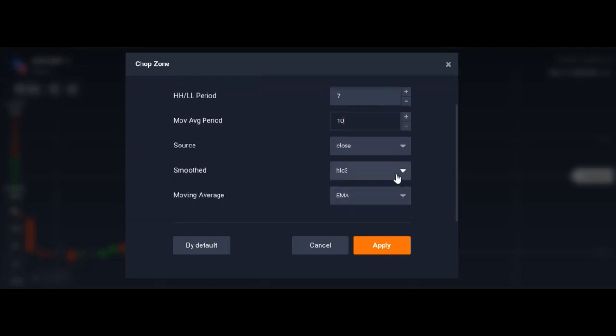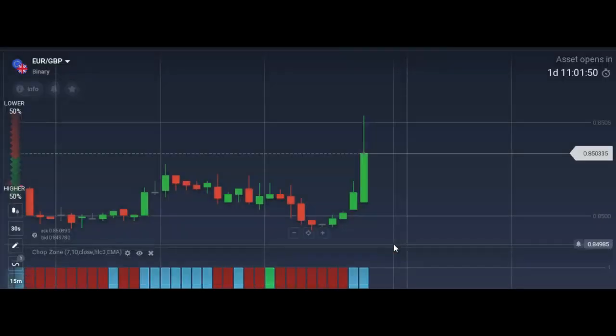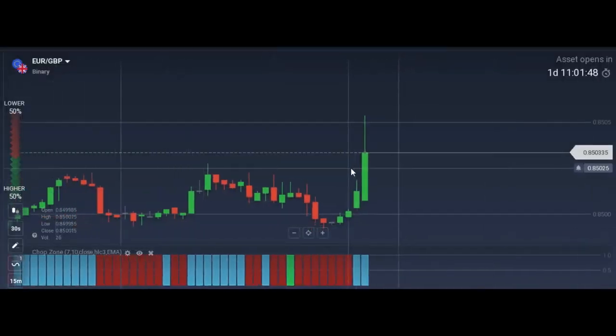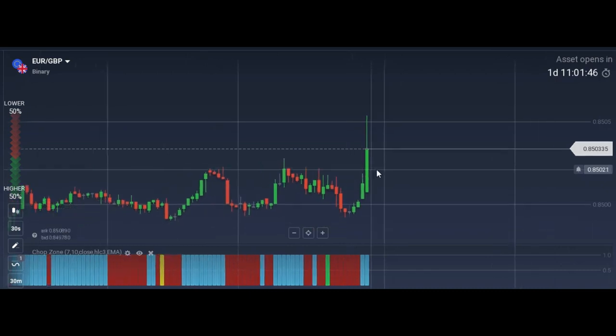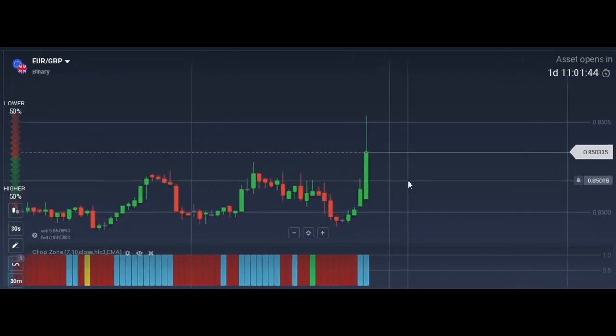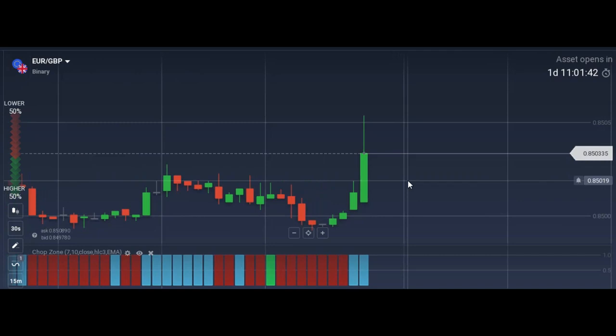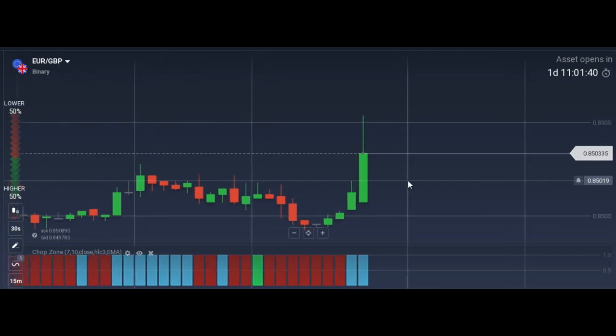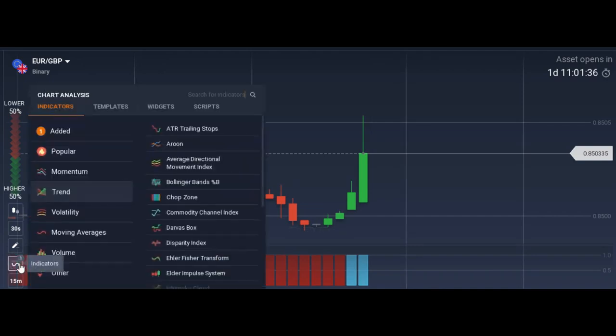In smooth, we put HLC3. And in moving average, we put EMA. This is a trend indicator. The color of its bars tells us if we are in an uptrend, a downtrend, or a sideways trend.